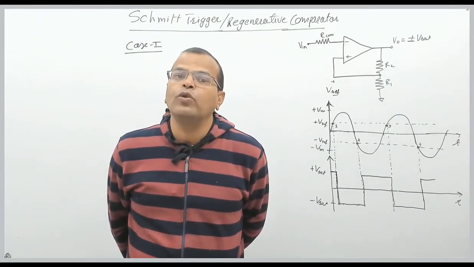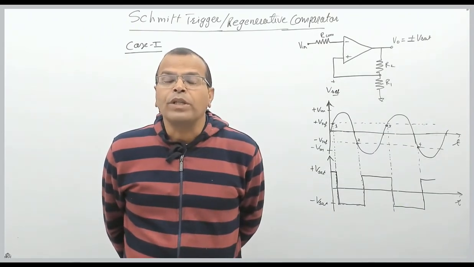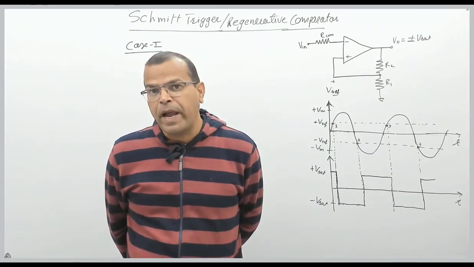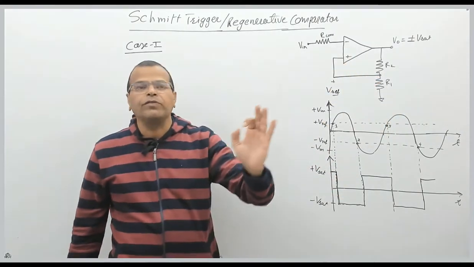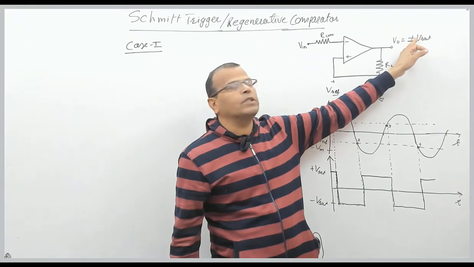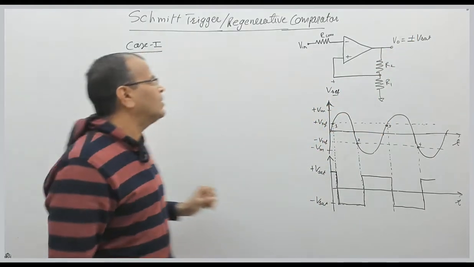These are the only two possible outputs of an operational amplifier which has positive feedback. So we will take two cases.